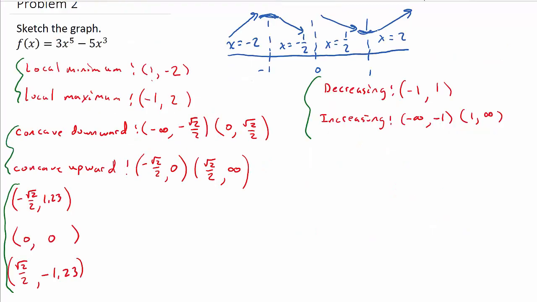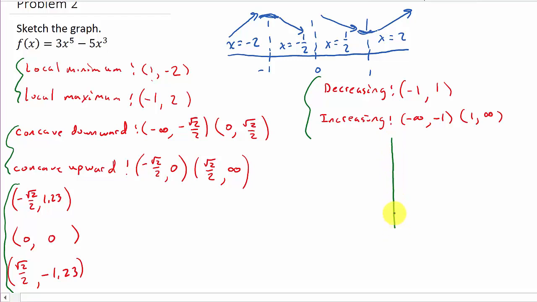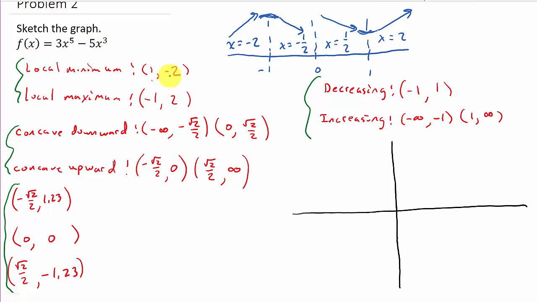All right, so now let's sketch the graph. So let's draw our XY axis. Well, let's do it in black. All right, so the first thing I want to do is I want to plot my points. So I can see that I've got 1, -2, -1, 2, and then I've got these points to plot.